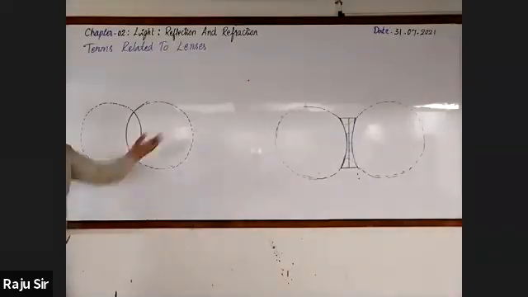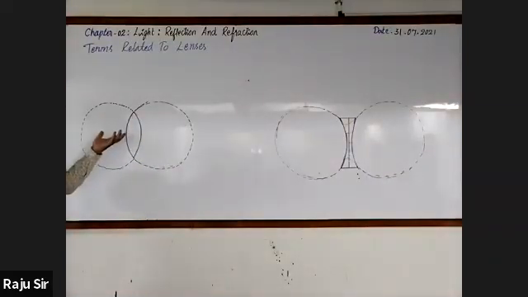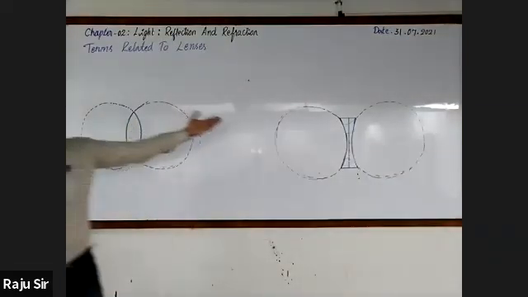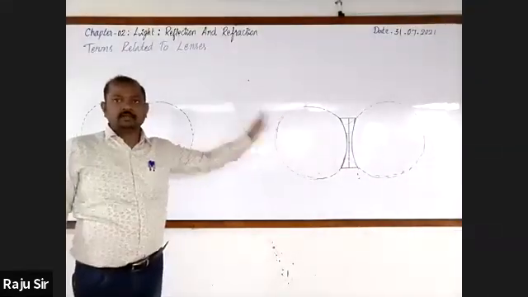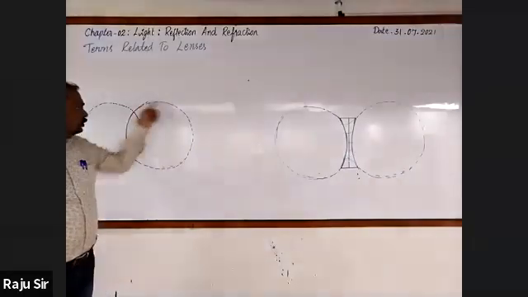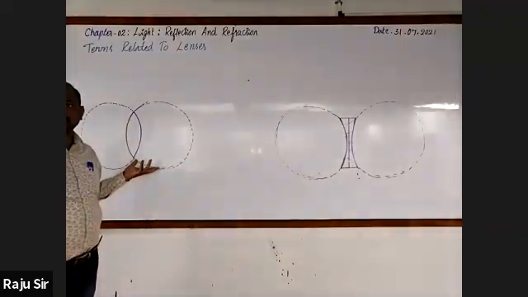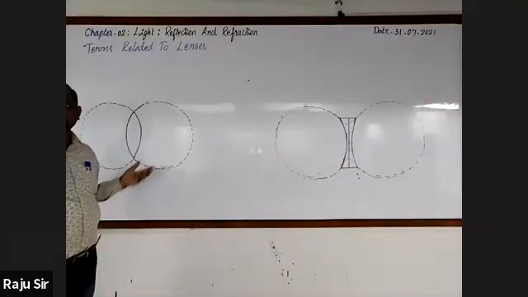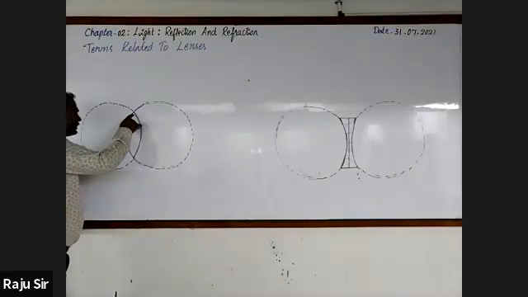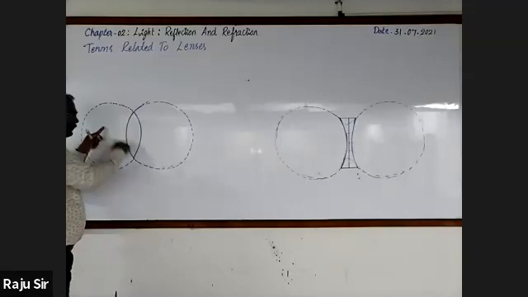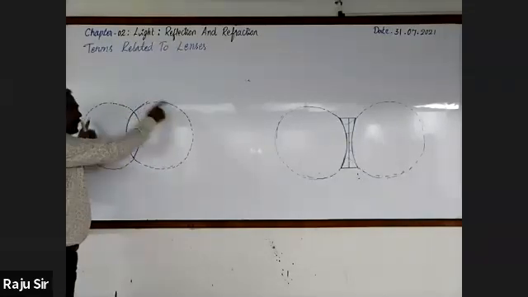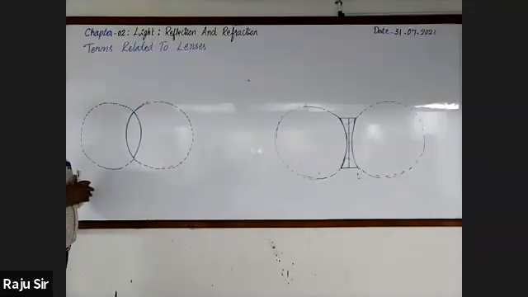From these two figures, can we say that either a convex lens or a concave lens is made of parts of two imaginary spheres? Yes, sir. So this is the convex lens, whose refracting surfaces are the parts of two imaginary spheres, and both the imaginary spheres are transparent.